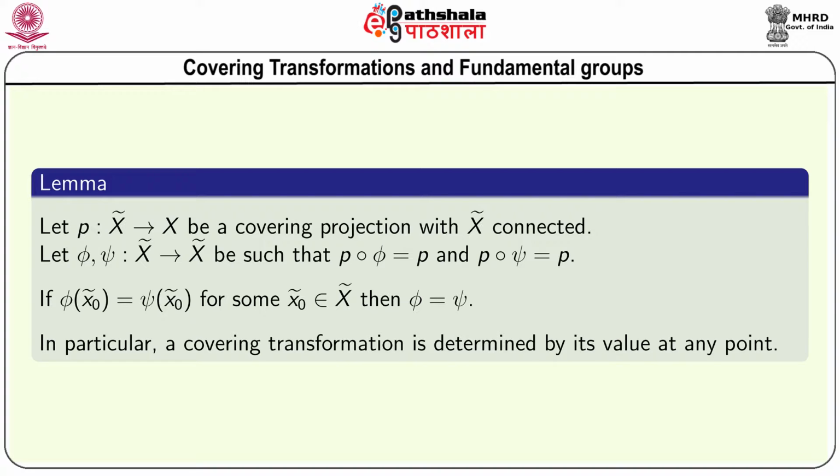In other words, if phi and psi are two continuous functions such that both the diagrams commute, that is P compose phi is equal to P and P compose psi is equal to P, and they agree at a single point x0 tilde of X tilde, then the functions are actually equal.